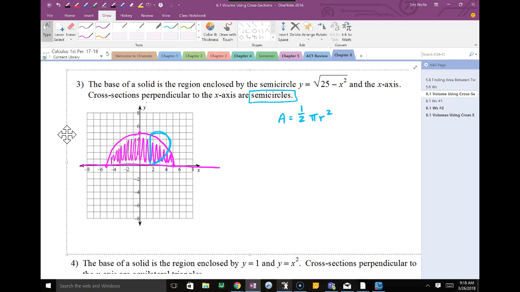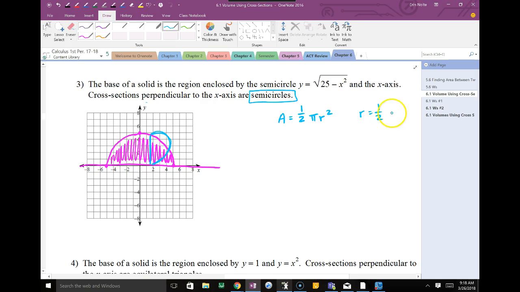But if I'm talking about the radius, what's the radius in terms of diameter? 1/2. It's half of it, right? So my radius is going to be 1/2 of that equation. Do you follow that? My radius is going to be 1/2 of my diameter, which is the square root of 25 minus x squared.